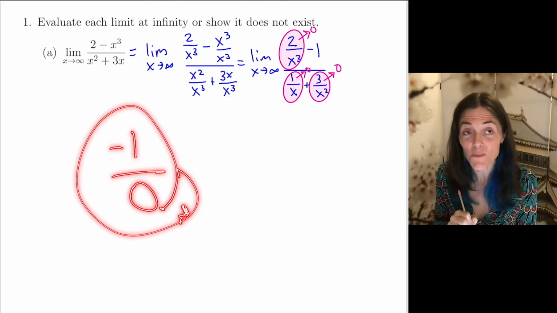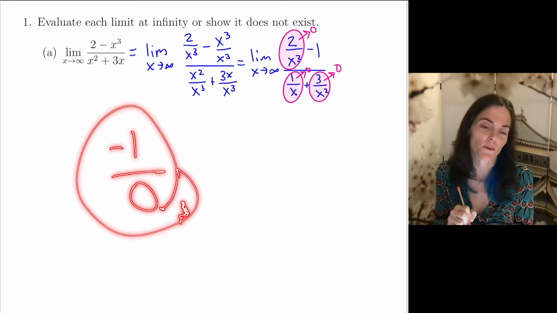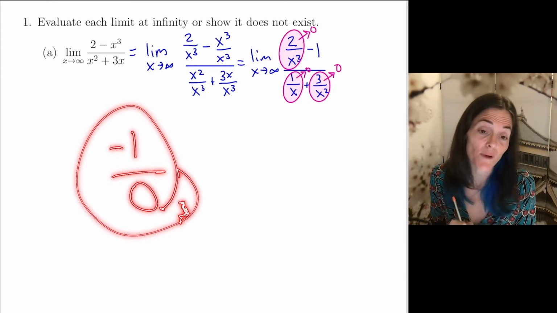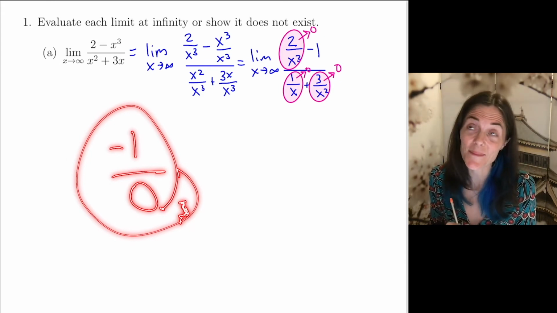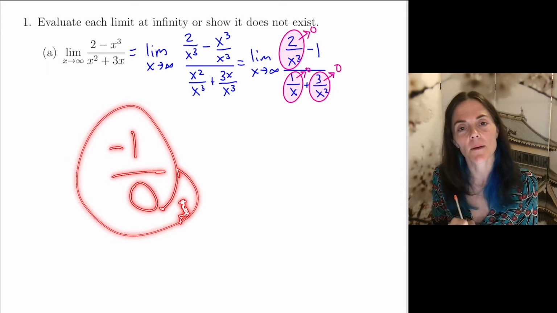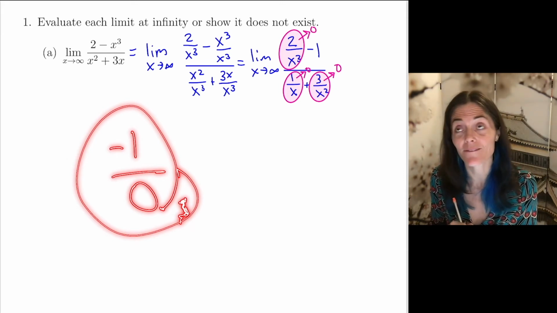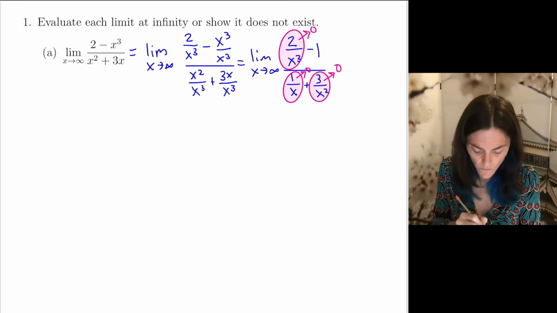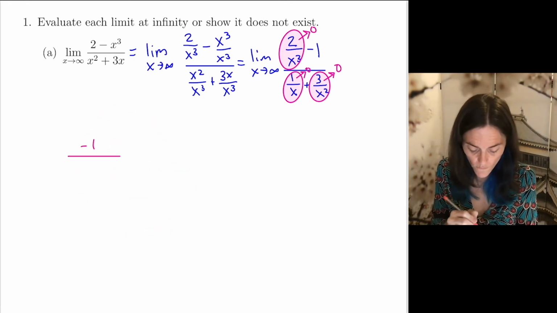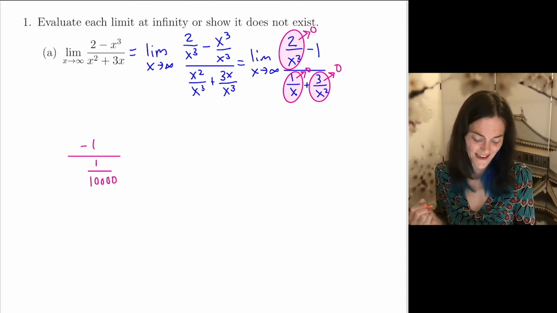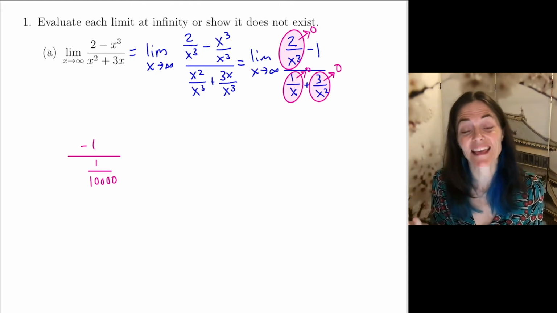It's minus 1 over 0, which is not one of the indeterminate forms, but what it represents in the limit is we have a numerator that's approaching minus 1. We have a denominator that's getting very, very small. So if you think, for example, minus 1 over something very small, this would be a way to think about this.